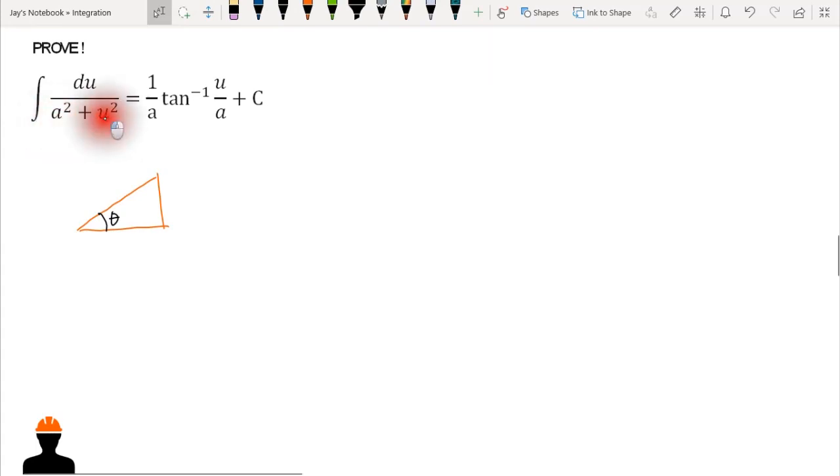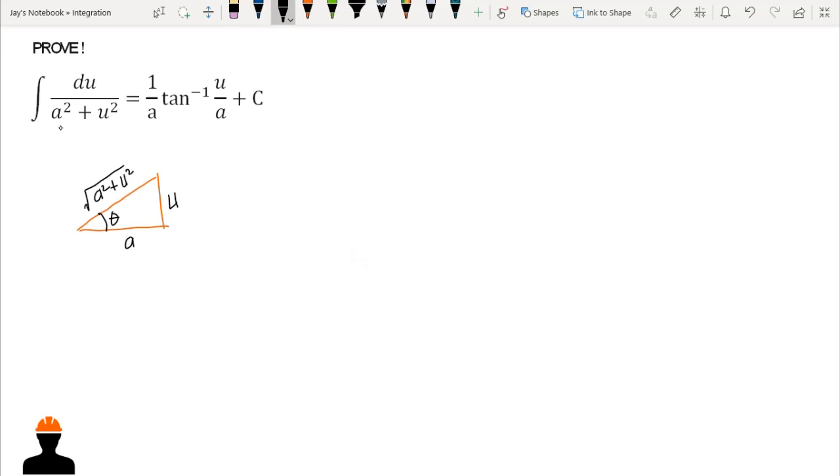But in this case, we have a positive sign in between. Then we have a here as the adjacent, and u here as the opposite. Okay? So therefore, this hypotenuse here is the square root of a squared plus u squared.